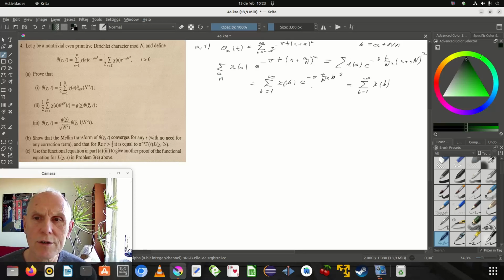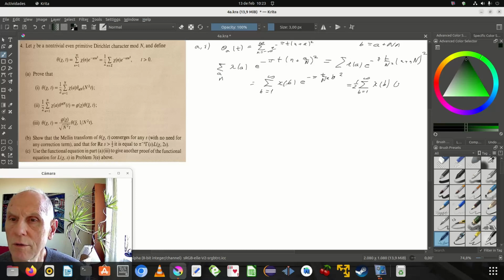And then this sum is exactly 1/2 theta A, a sub of t divided by n squared.